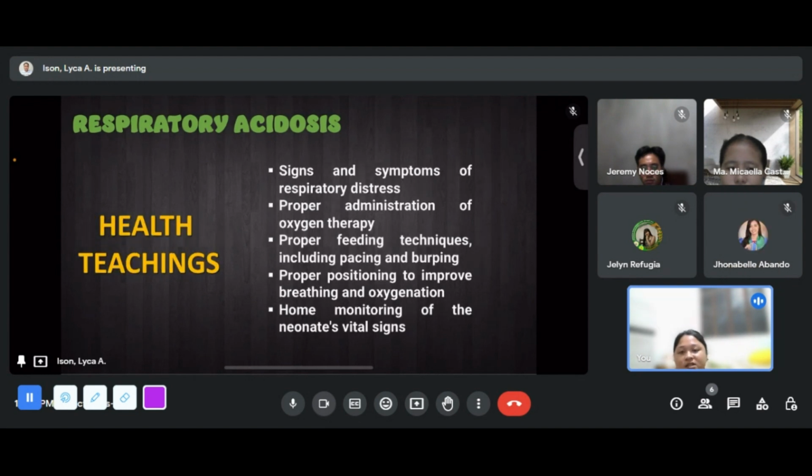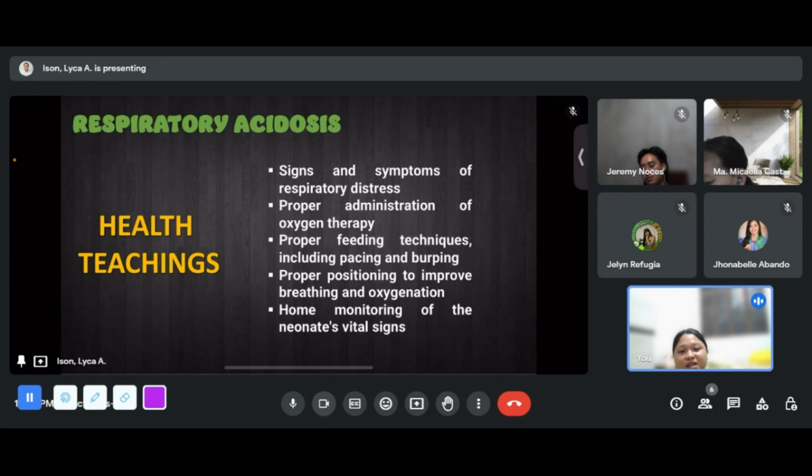The health teachings is signs and symptoms of respiratory distress. Dapat ipaliwanag natin to sa parents or, ang tawag dito, yung nag-aalaga sa kanya, kung ano ba yung mga signs and symptoms, para 'pag kunyari, if it happens na ma-sight nila na ito yung nangyayari, yung mga signs and symptoms na sinabi sa kanila, is masabi nila to agad at maagapan yung sakit ng neonate.